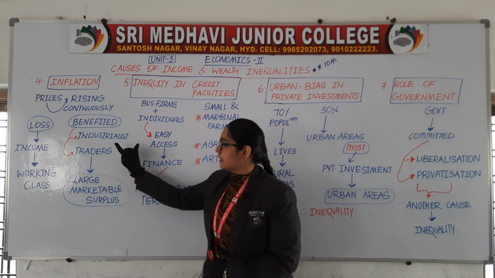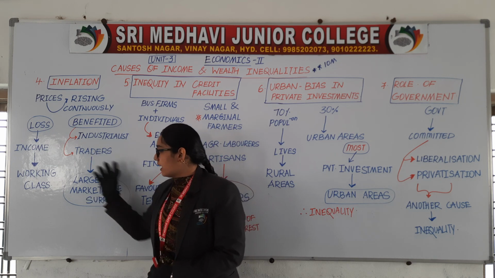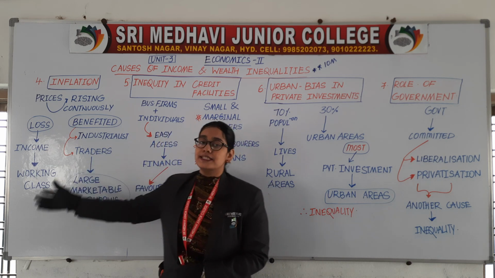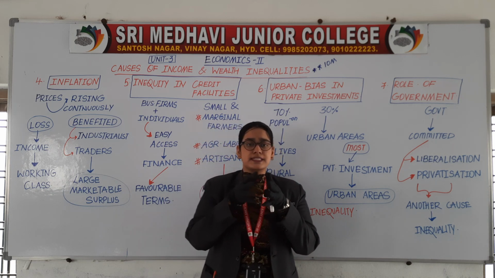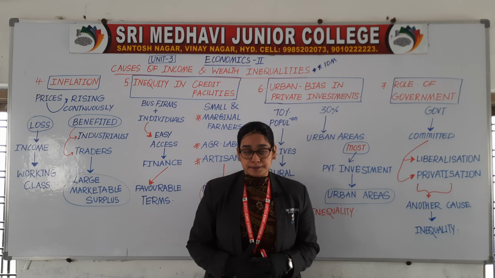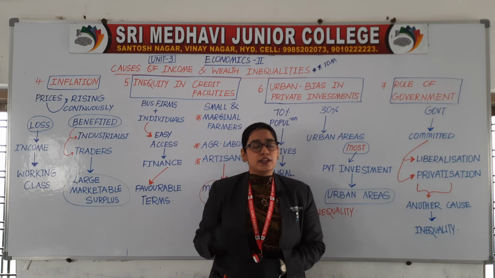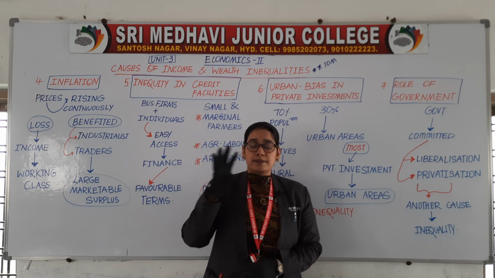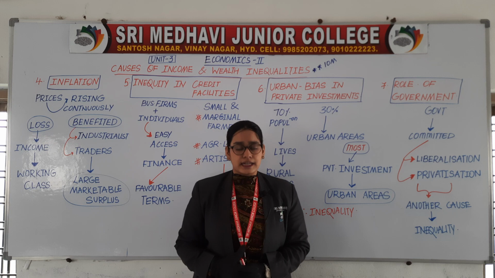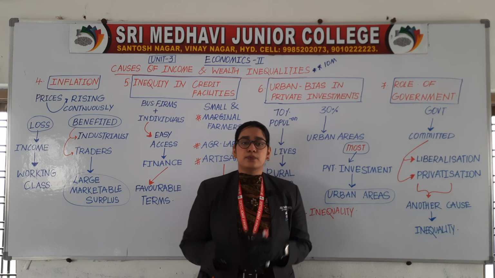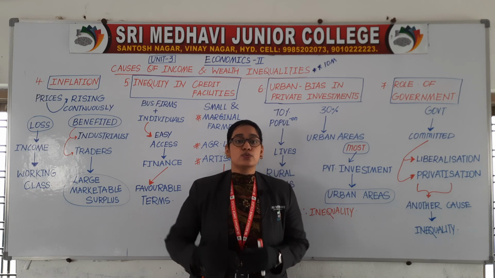Let us see. There are huge industrialists and traders who are having large marketable surplus. They sell commodities because their business is on a large scale. For example, Lux company: many of the people use soaps and other items like shampoos from this company because you are habituated.